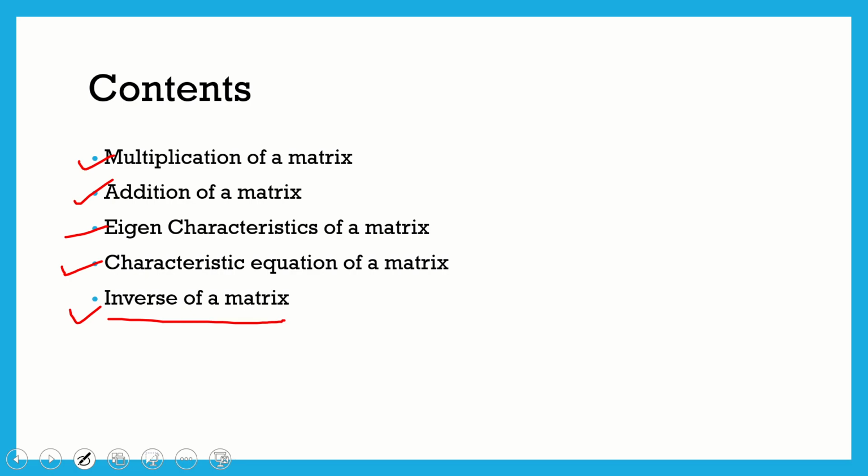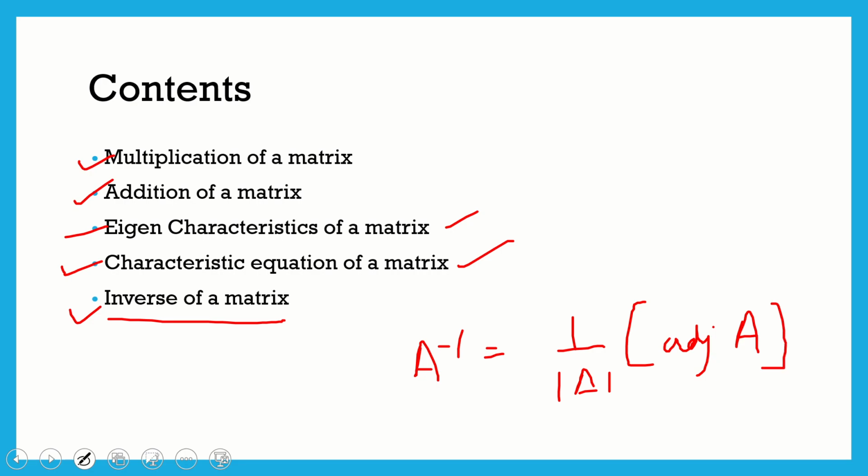So let us go into the concept, then only I can give you the knowledge of these two chapters, eigen characteristic and characteristic equation. If I ask class 11th and 12th students to find the inverse of a matrix, they know they can use this method: A inverse is equal to 1 upon det of A into adjoint of A, right?